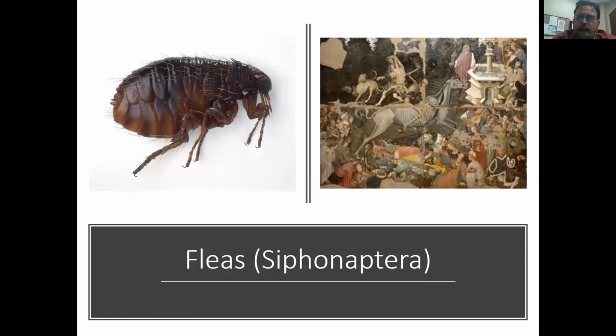So, not the most pleasant thing, but certainly an instance where insects have really significantly impacted human civilization. And if you go back to art in the time period, there's all sorts of depictions of the figure of death and depictions of the Black Death in Europe in art.